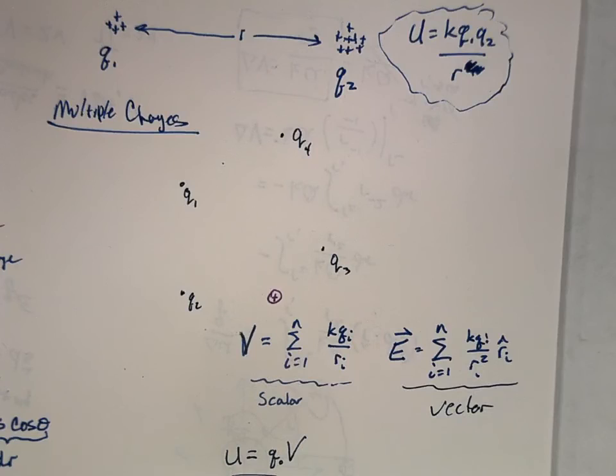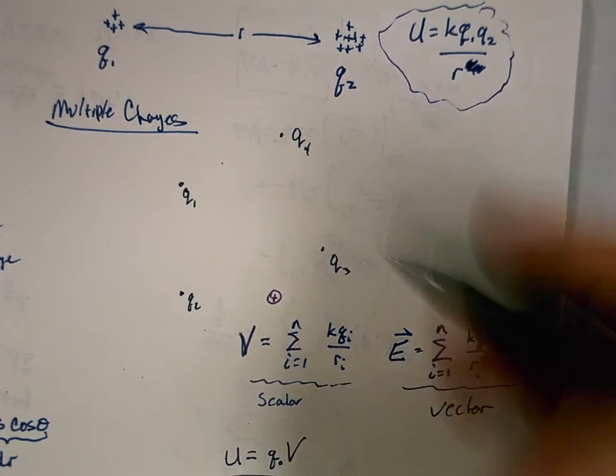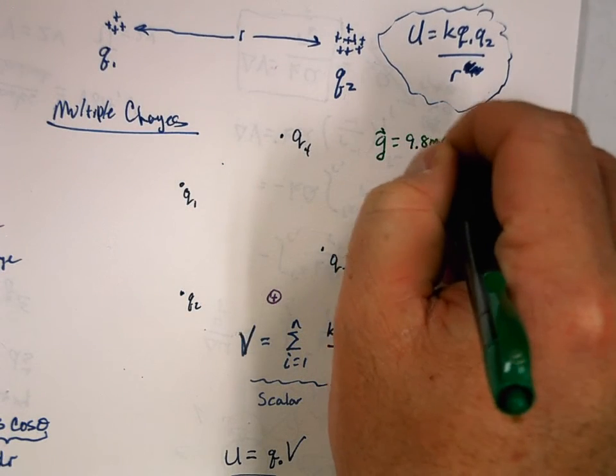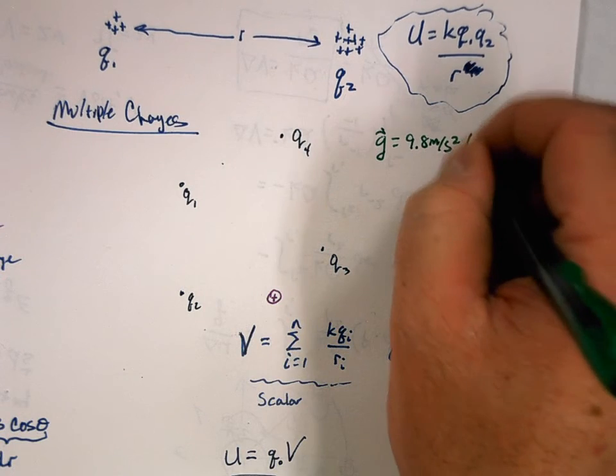Let's go back to a gravitational model here, just for a sec. Near the surface of the Earth, we have the value g, right? g is 9.8 meters per second squared, in the negative r hat direction.